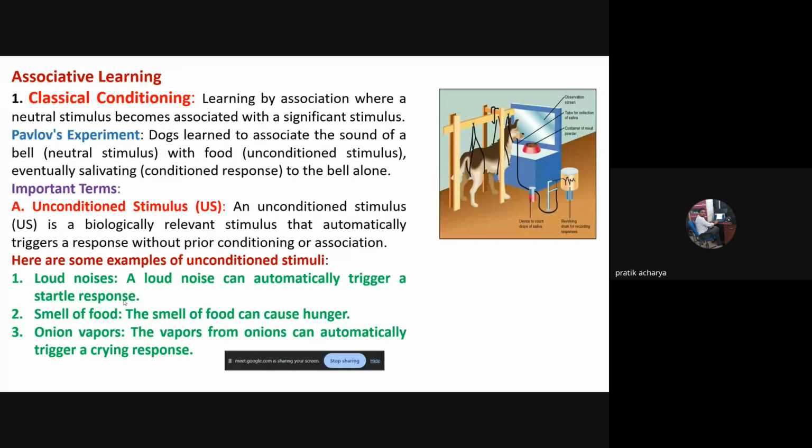That kind of action is associative learning in classical conditioning.